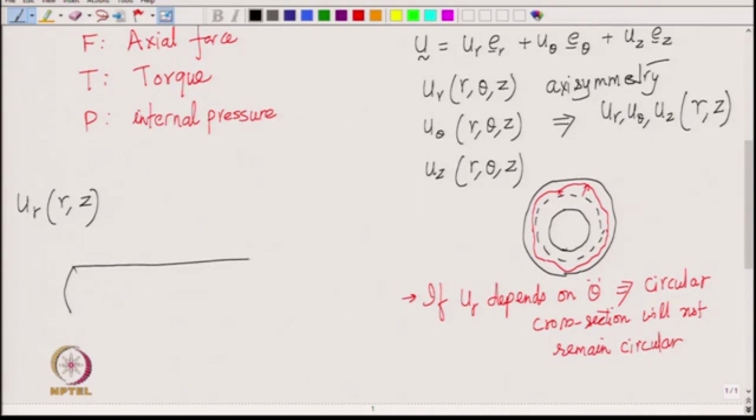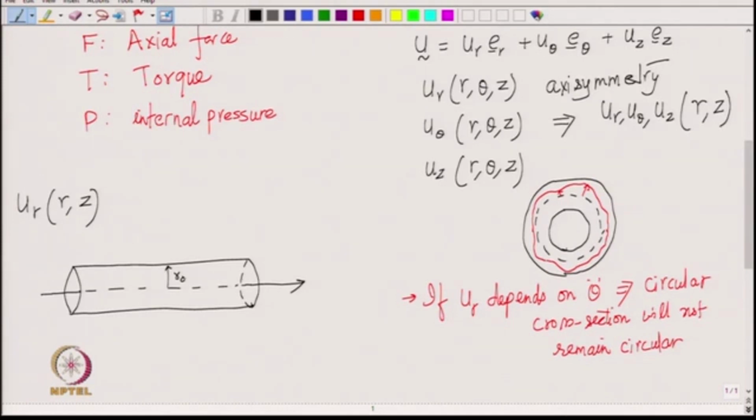So, here is your cylinder, and we have this axis of the cylinder, and this is the radius. This is, for example, the outer radius r o, o for the outer. So, right now the outer radius is the same as you go along the axis, right.